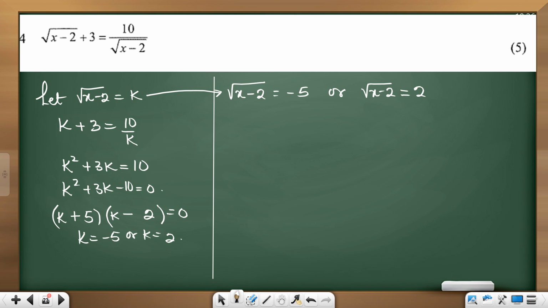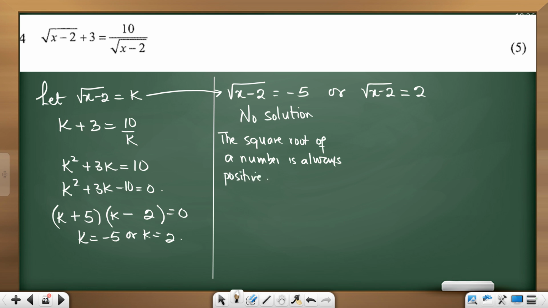Okay. I'm not done. But here, please listen, there is no solution here. Why? The square root of a number is always positive. I want to write a note here. Please, this is very key when solving for x.